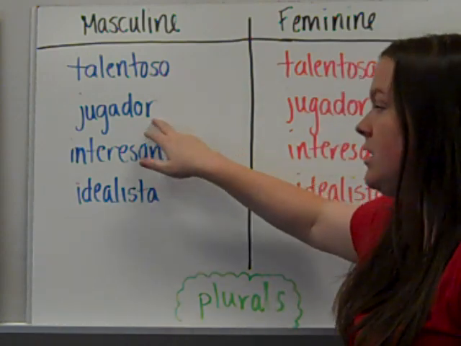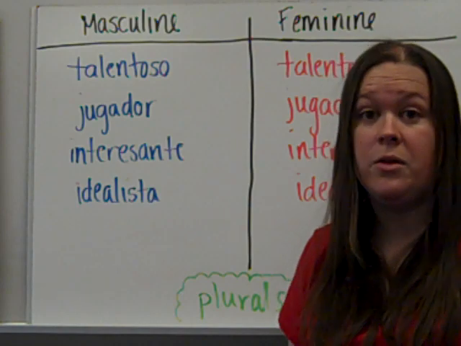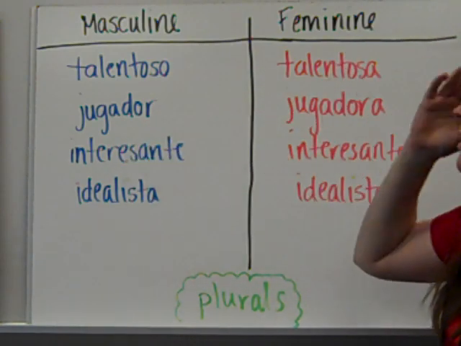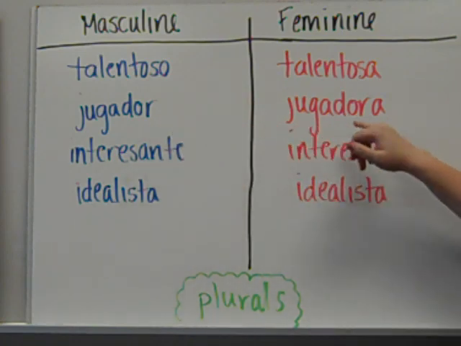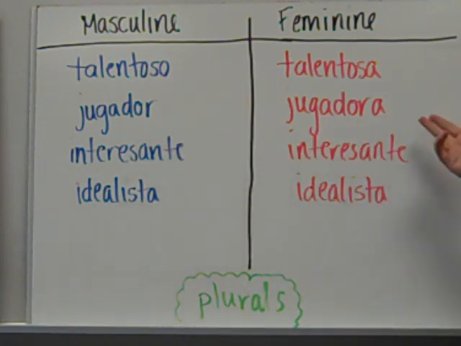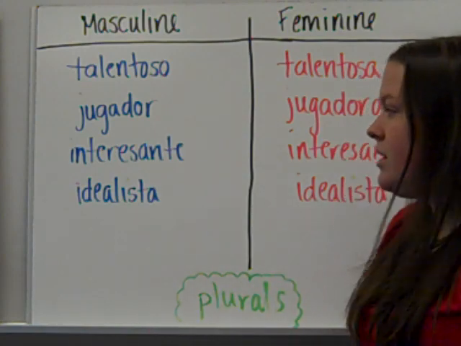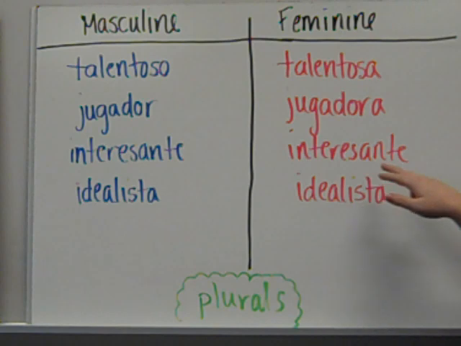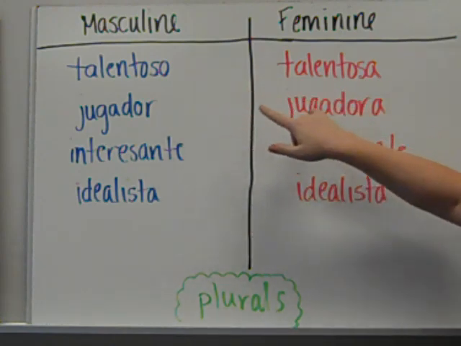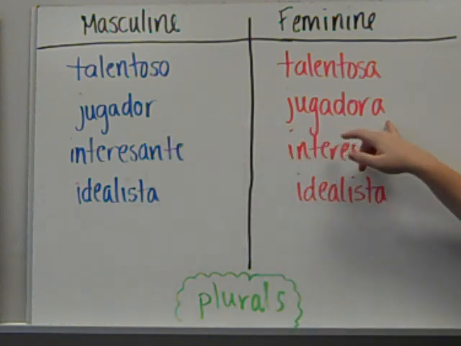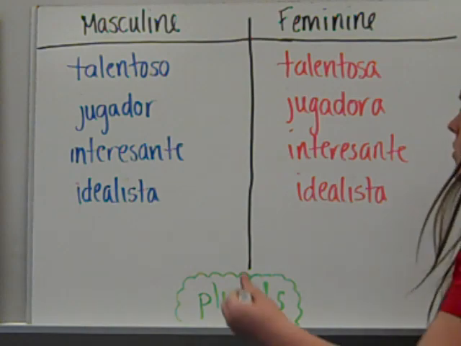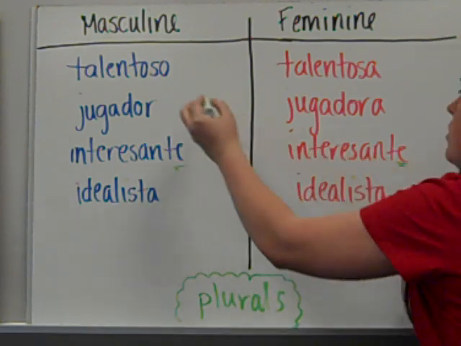And you can see that it ends in a consonant, so not a vowel like usual. So to make it feminine, if any adjective ends in a consonant, you usually just add an A to make it feminine right here. And then some adjectives, like interesante, if it ends in an E, you do not change it, okay? So O's will change to A, or consonants add an A, but if it ends in an E, there's no change. So E, no change.